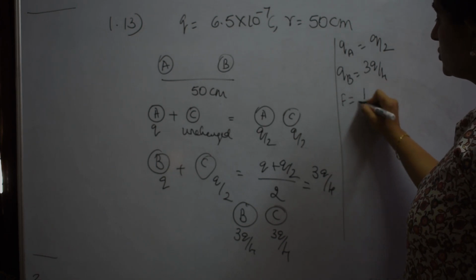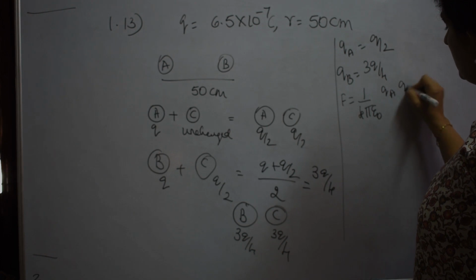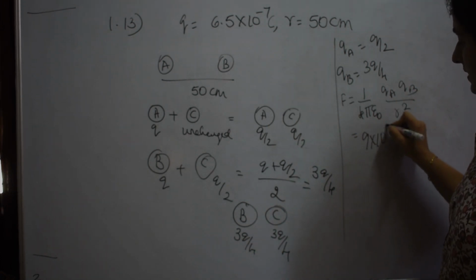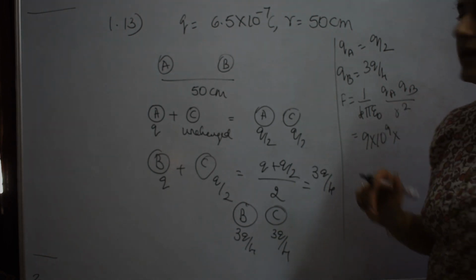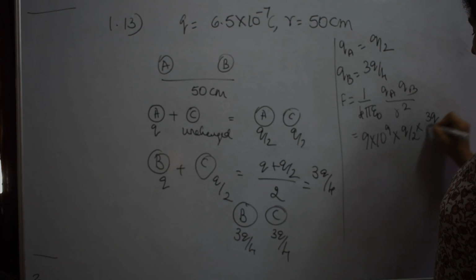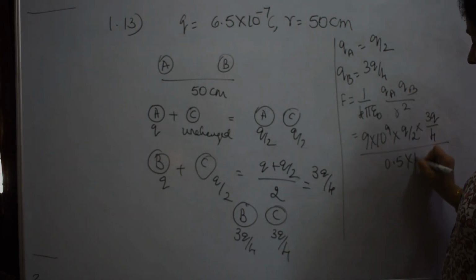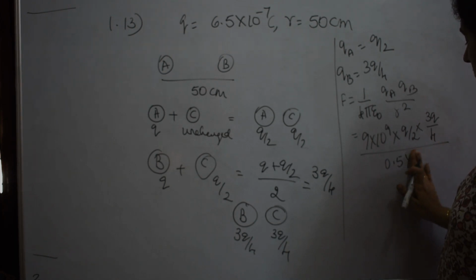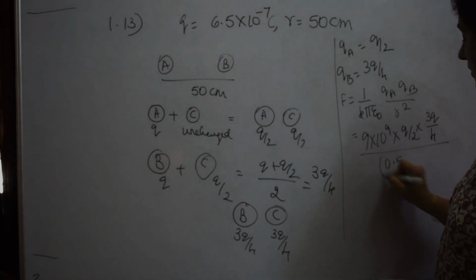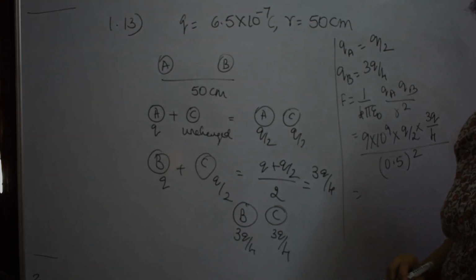So F is equal to 1 by 4 pi epsilon naught QA QB divided by R square. So it is 9 into 10 to the power 9 into QA, which is Q by 2, into 3Q by 4, divided by 0.5 whole square. 50 centimeter is 0.5 meter.